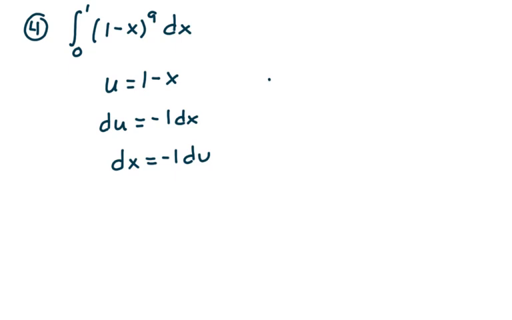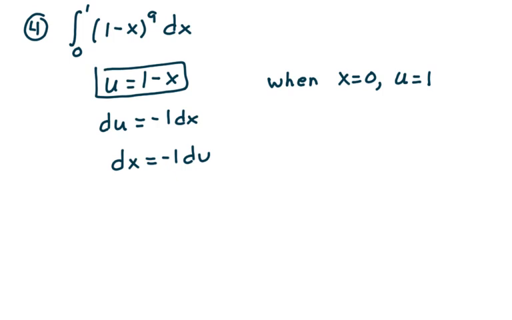Now, when x is 0, u equals 1. I plug in here. So remember, I'm transforming everything, including limits, in terms of u. When x is 1, u is 0.